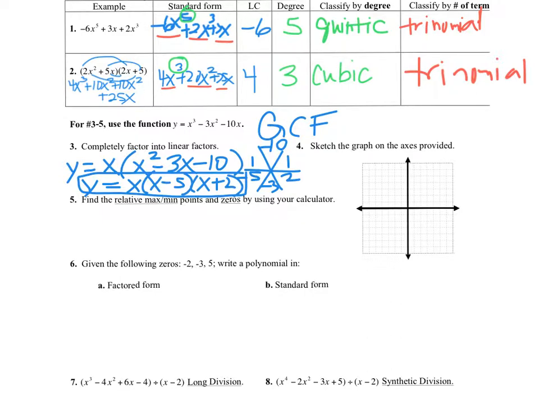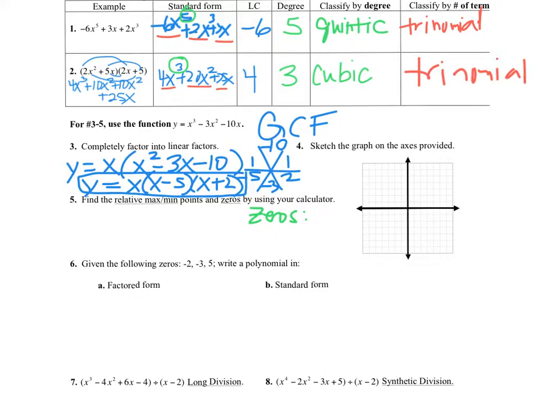Now, before I get to number 4, I want to talk real quick about number 5. Number 5 is going to ask me to find the relative maximum and minimum points and the zeros. I want to find the zeros right away because when I go to graph, I want to make sure I get the zeros right on my graph. Some of you didn't. You graphed the polynomial and didn't make sure it went through the right zeros.